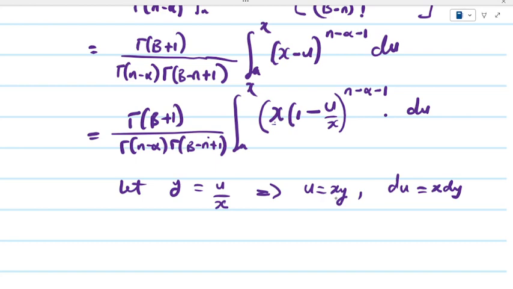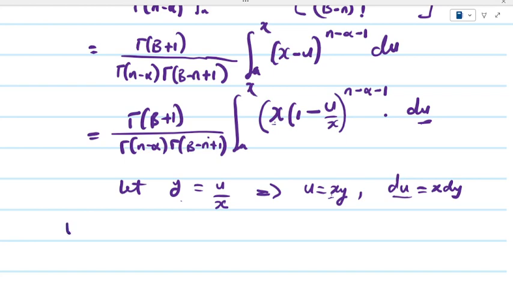So that means we can substitute u with xy, and u over x with y, and also our limit.